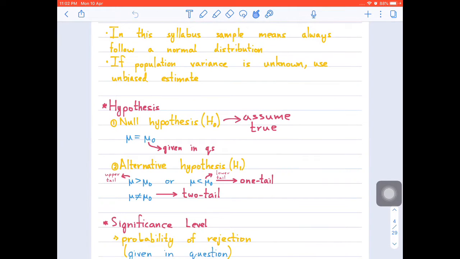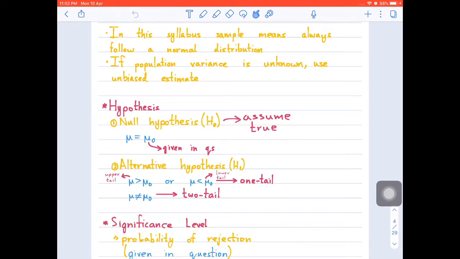Right, so over here we'll be given a certain value for the mean. Our null hypothesis will be that the mean is equal to that given value, taken as mu naught over here. Now we'll assume that this is true. The null hypothesis will always be equals to, and it will be assumed as true.